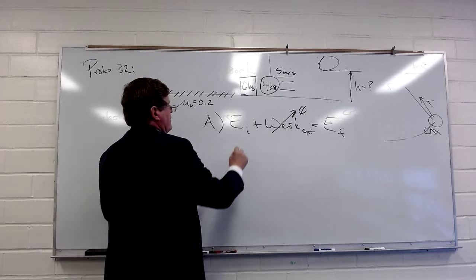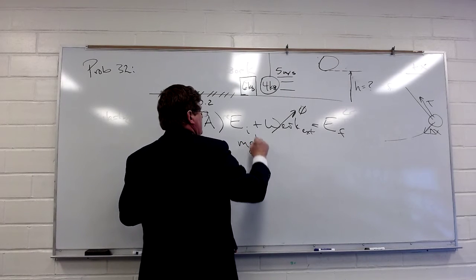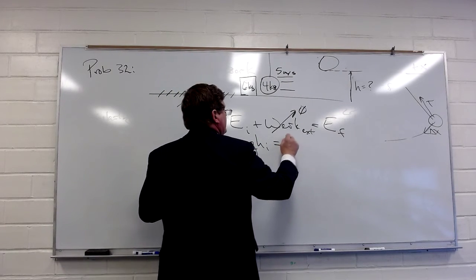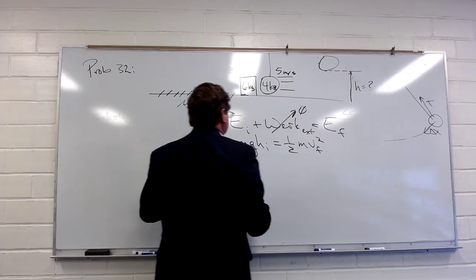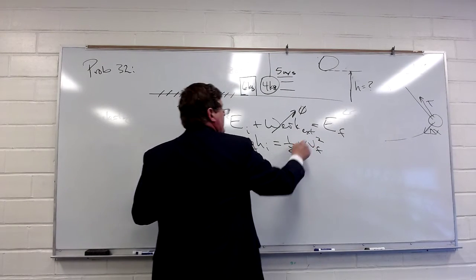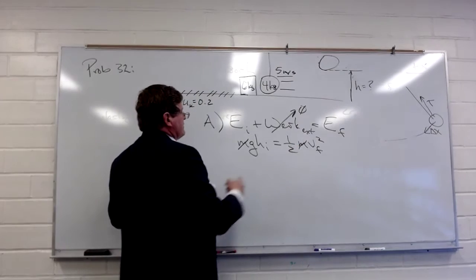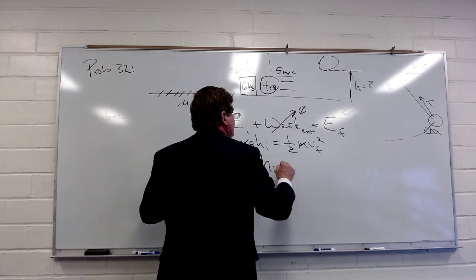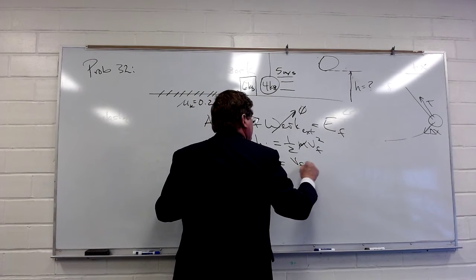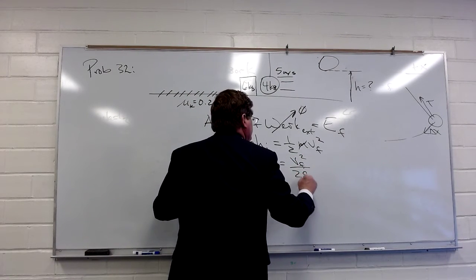So again, we start with gravitational energy and we end with kinetic energy. As I promised, the mass cancels. And in this case, we're looking for the initial height. And so that initial height is going to be v final squared over 2g.